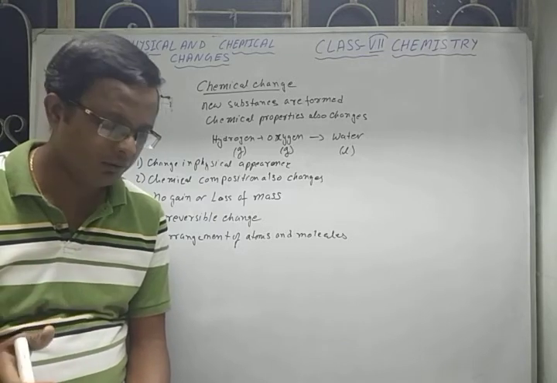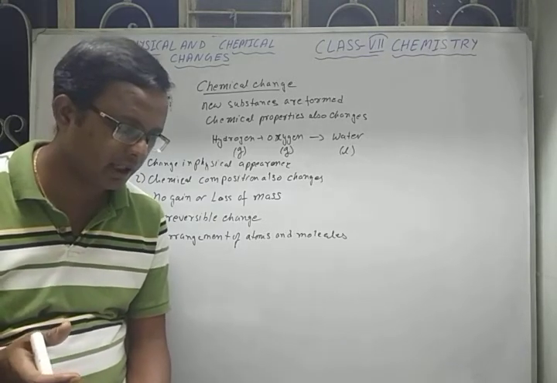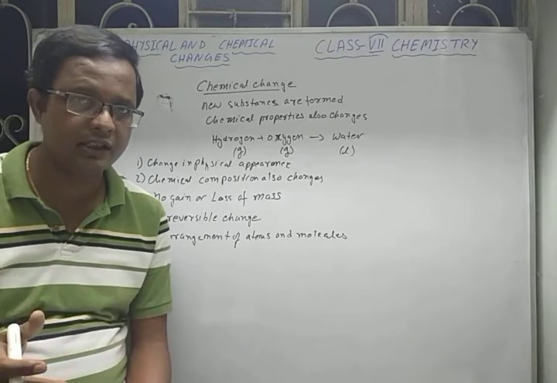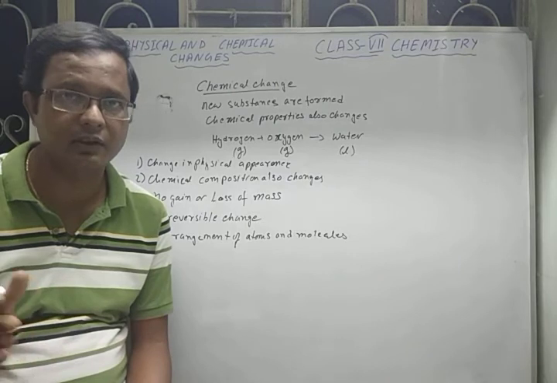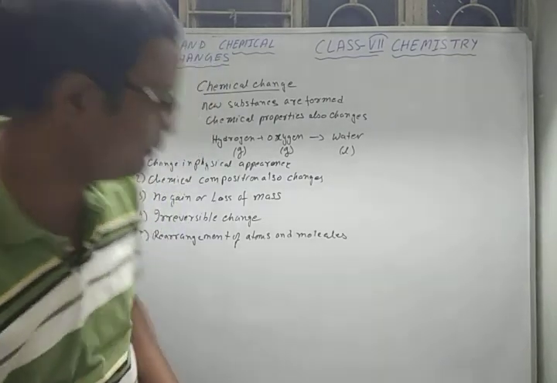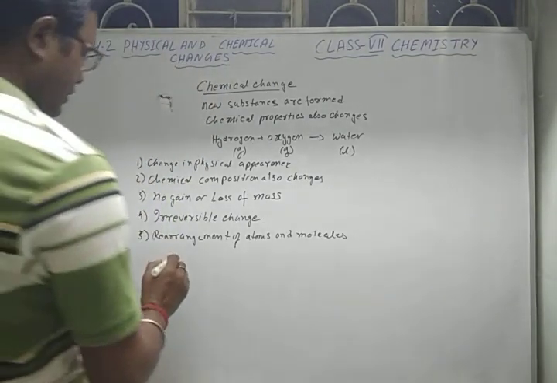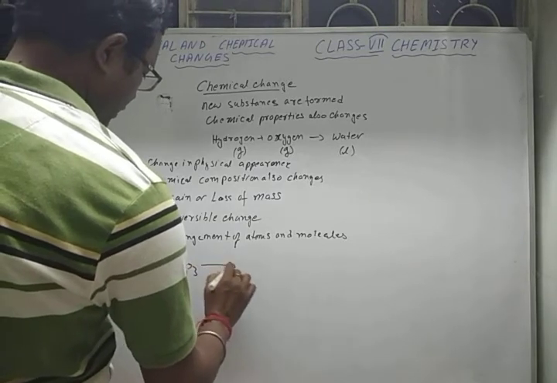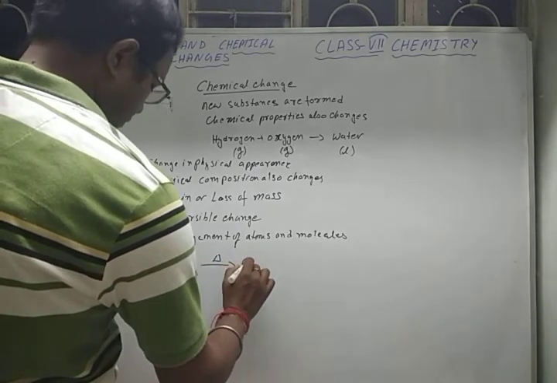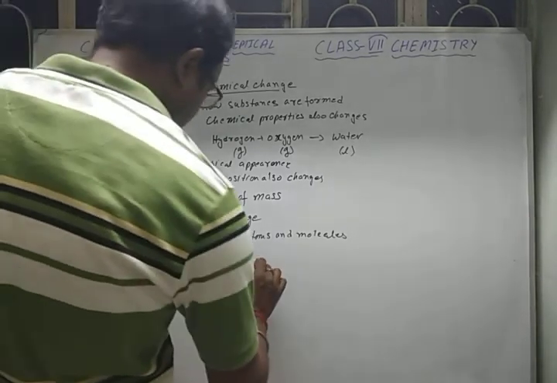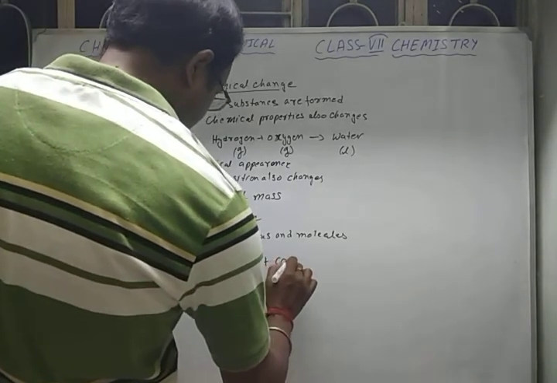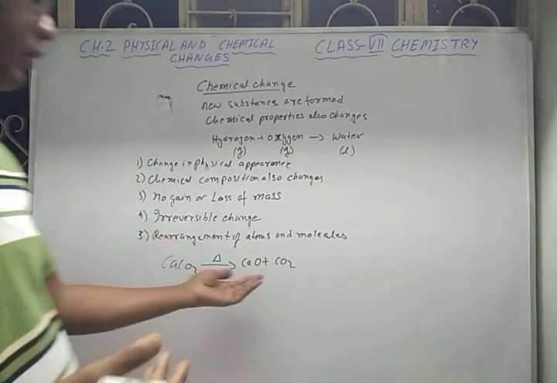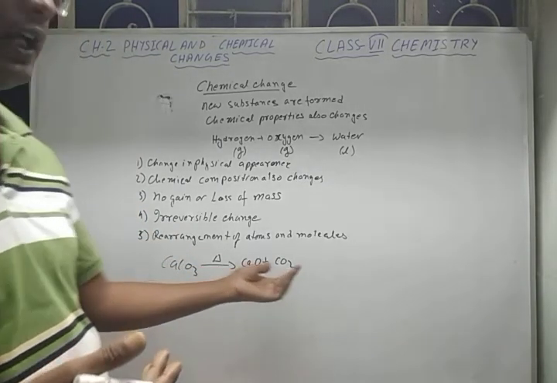So chemical changes are generally irreversible, but sometimes reversible. For example, if you heat CaCO3, on heating it gives CaO plus CO2.